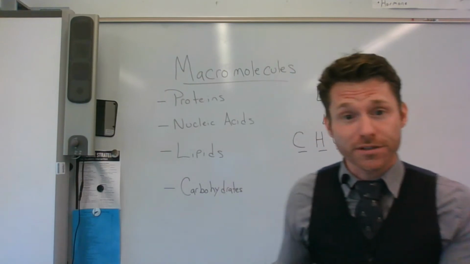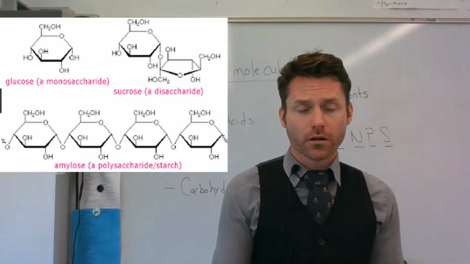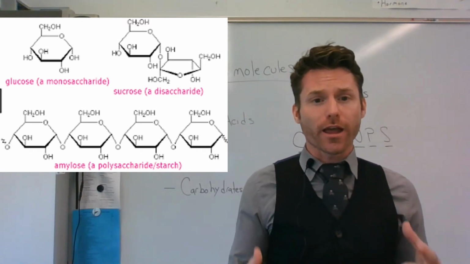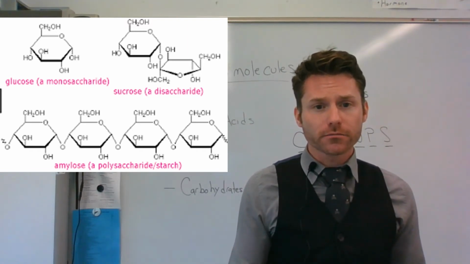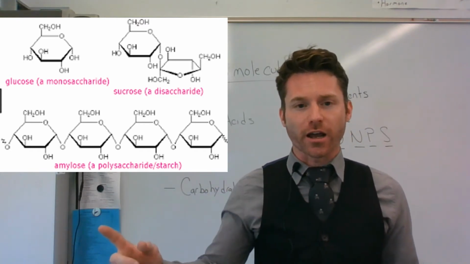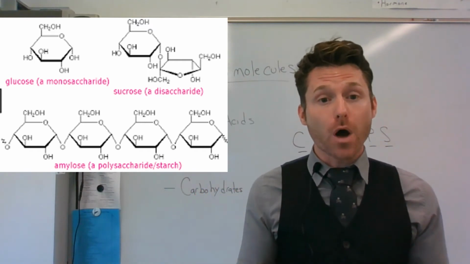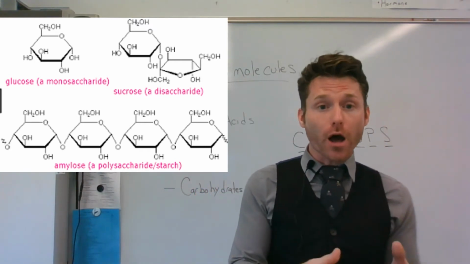So for instance, I'm going to start with carbohydrates. The polymer, the full carbohydrate, is called a polysaccharide. Whereas the monomer is called a monosaccharide.